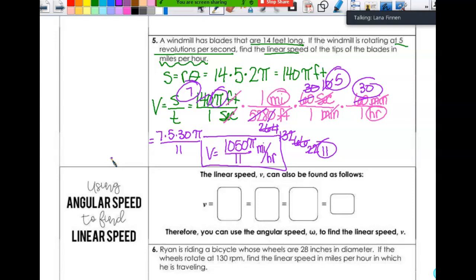Whenever you are ready to look at mine, finish yours first. If we didn't reduce in the exact same way, it's fine. As long as we got the same answer in the end, you have to do whatever makes sense to you along the way.